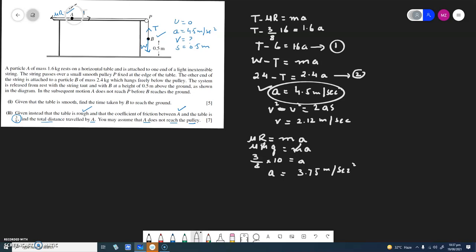Now we will be moving towards our requirement, and that is the total distance traveled by A.